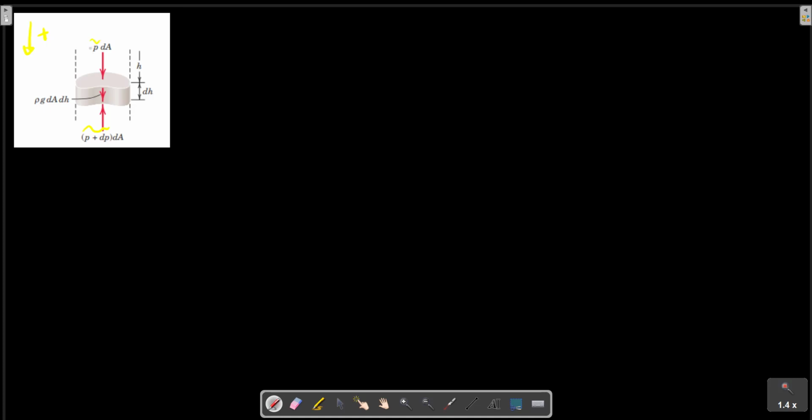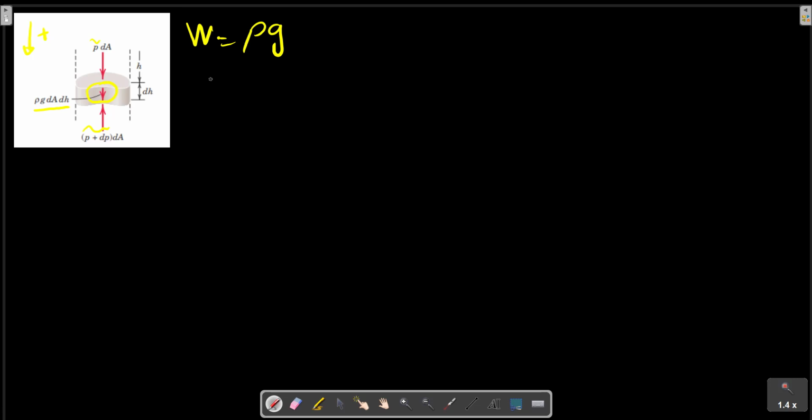The weight of the element equals rho g dA dh, as shown here, this arrow. The normal forces on the lateral surface, which are horizontal and do not affect the balance of forces in the vertical direction, are not shown.